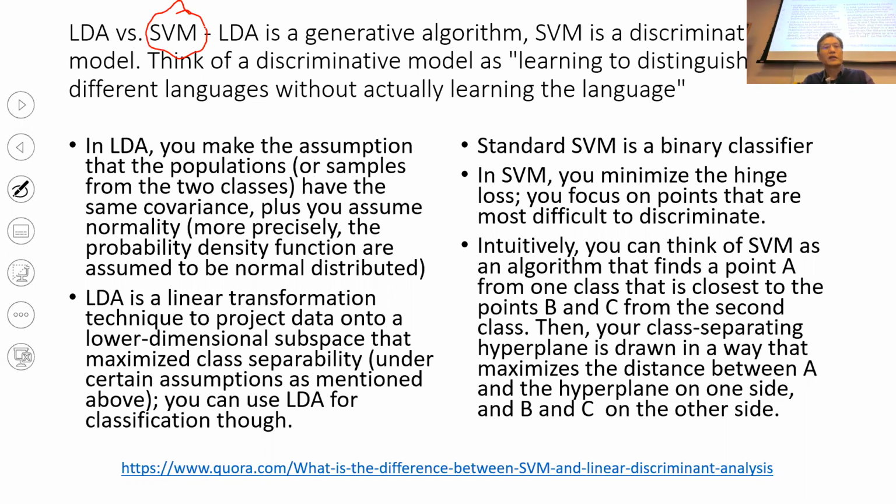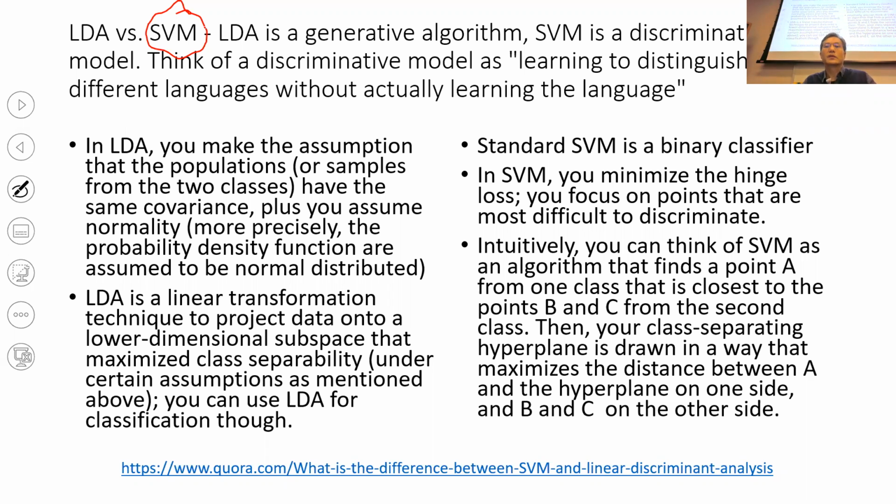LDA takes the approach of finding a projection so you can separate data points nicely, and then when new data points come in, depending on the projection, you will be able to classify the new data point into different groups.